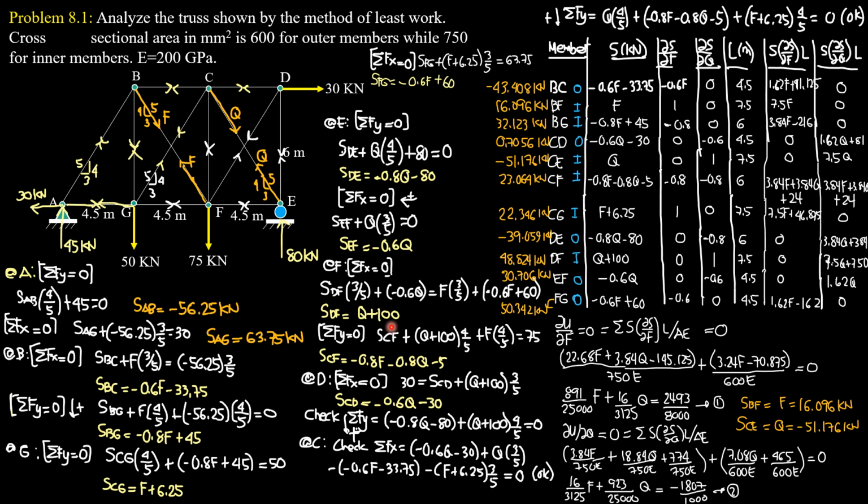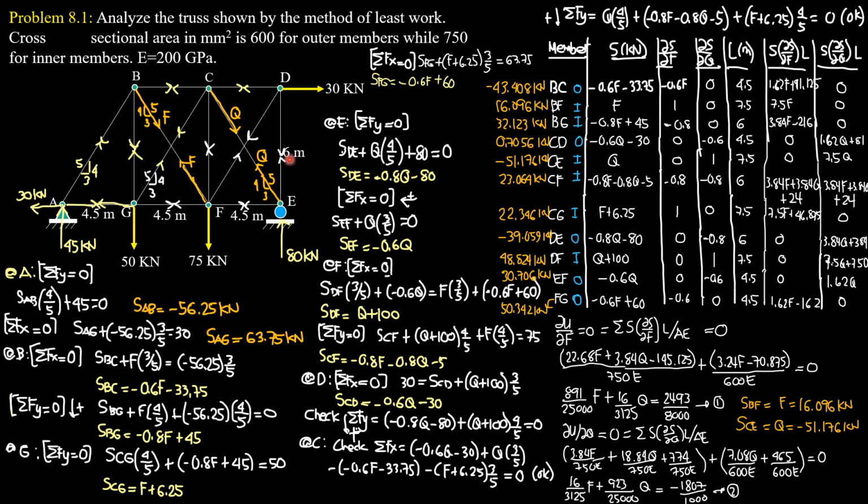Then summation of forces Y at F: SCF upward plus SDF, which is the quantity Q plus 100 times 4 over 5 for the vertical component, plus F times 4 over 5 equals 75. So SCF is negative 0.8 F minus 0.8 Q minus 5.